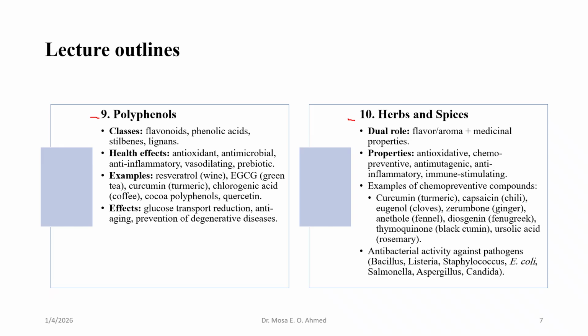Examples of chemopreventive herbs and spices include curcumin in turmeric, capsaicin in chili, eugenol in clove, zerumbone in ginger, anethole in fennel, diosgenin in fenugreek, thymoquinone in black cumin, and ursolic acid in rosemary.